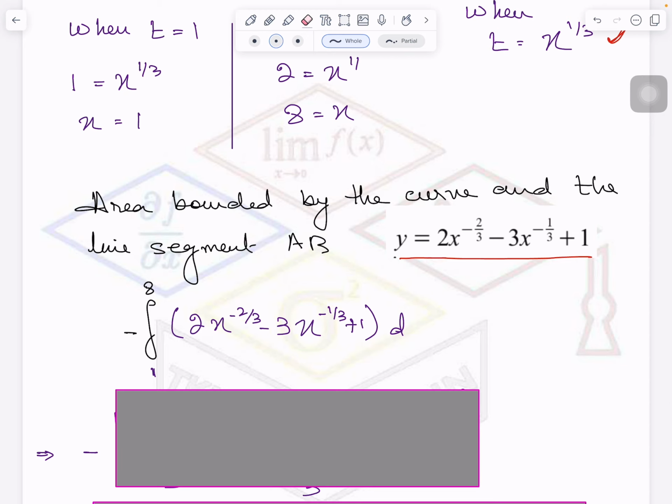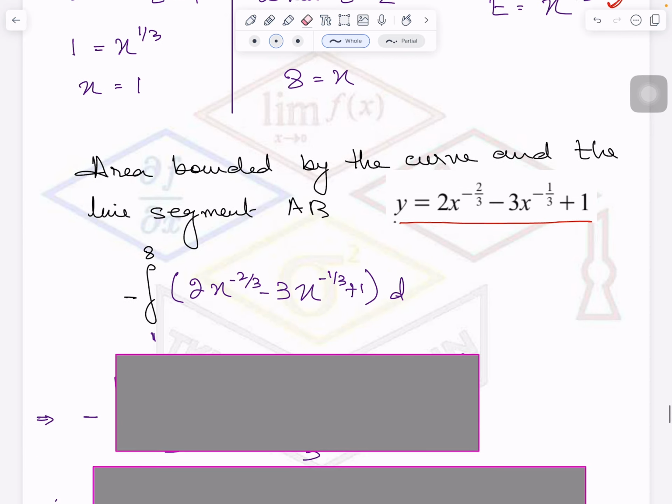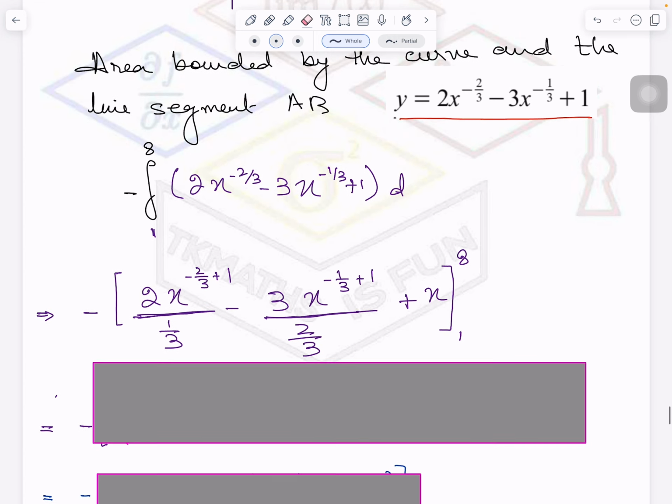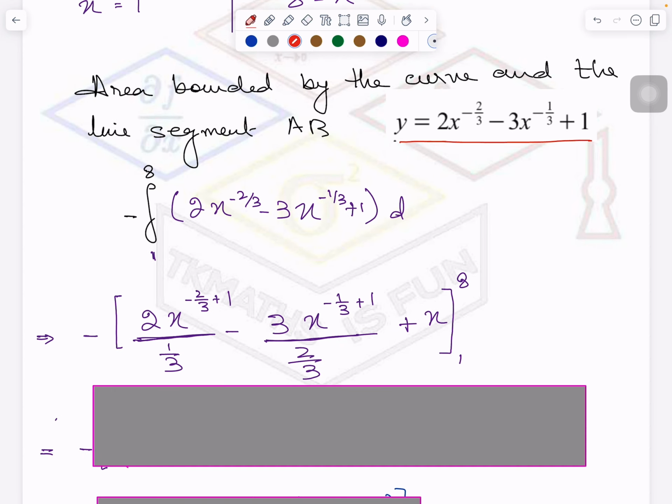I hope all of you know simple integration at this point. So you can see here, write everything clearly and neatly so that you do not make a mistake of any sign. By the way, why have I written a minus outside? Do you know the reason? If you don't know, let me tell you. Suppose we have a curve above the x-axis, and I'm calling it f of x.